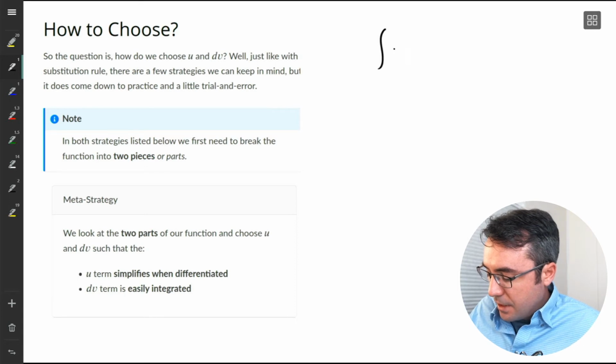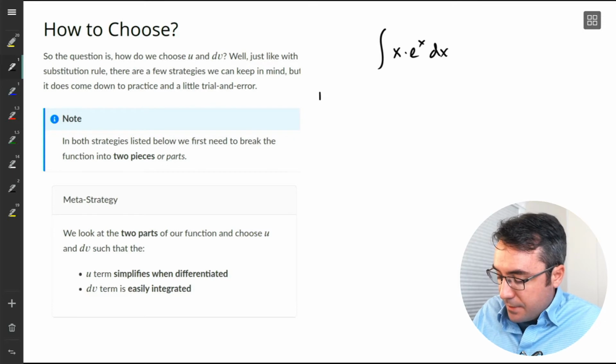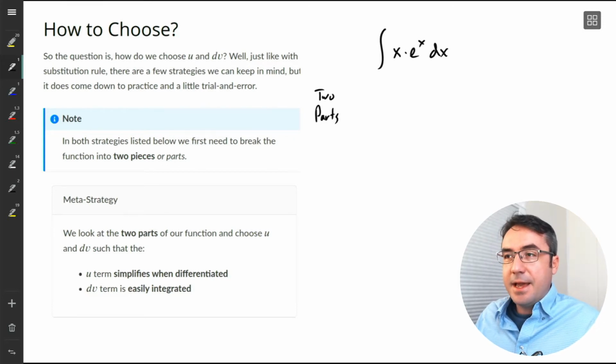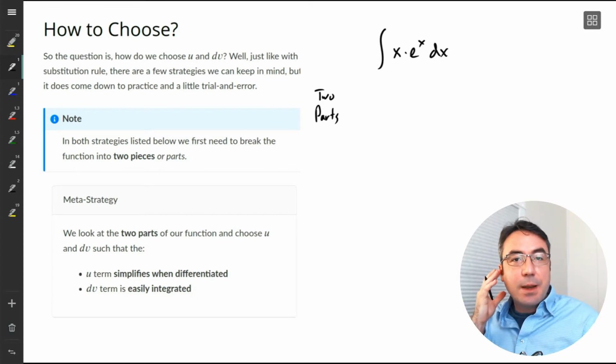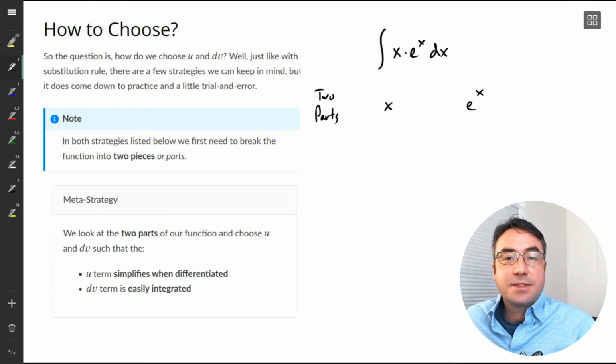It was the integral of x times e to the x dx. And so when you're trying to decide what to pick for u and what to pick for dv, you want to break your function apart and write it as two separate parts or pieces. So in this case, I would consider x and e to the x. Those are the two parts of my function.